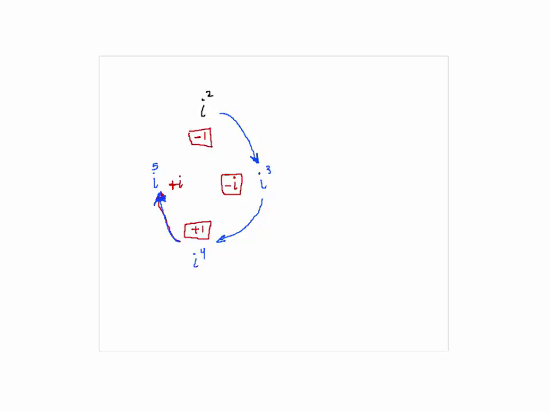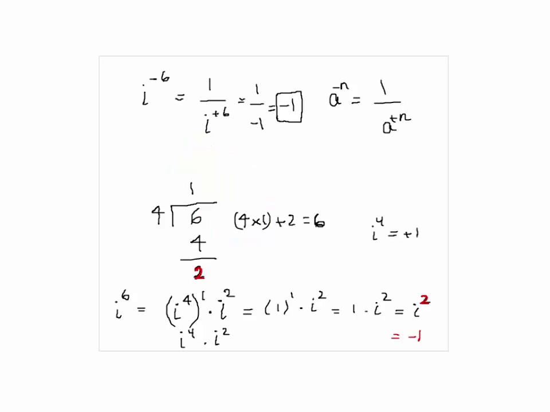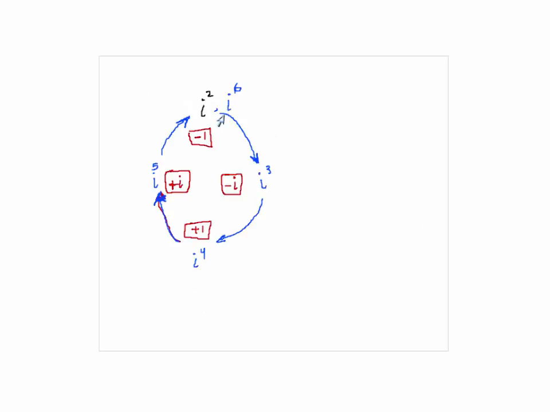And if you remember this pattern also, you can quickly find out what would be the next one. So the next one after that would be i to the power of 6. And that's exactly what was confirmed by dividing 4 into that. See how i to the power of 6 turns out to be equal to minus 1.